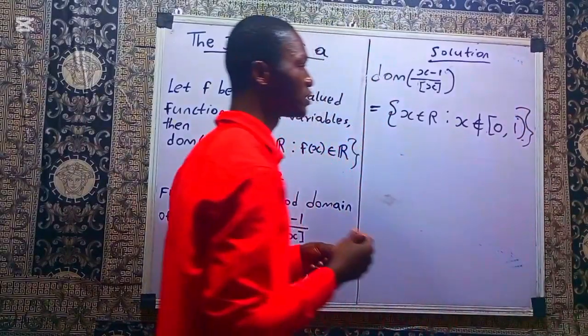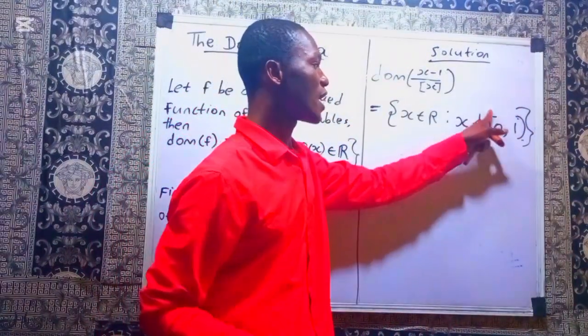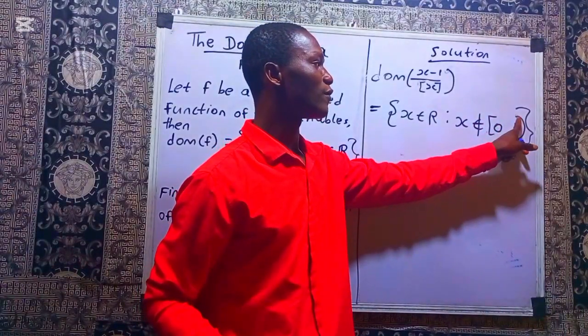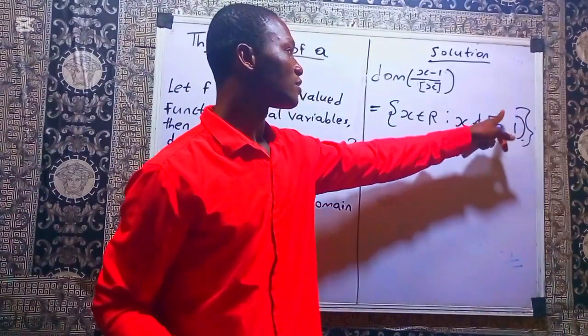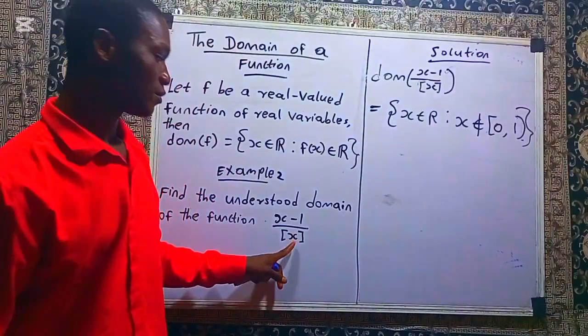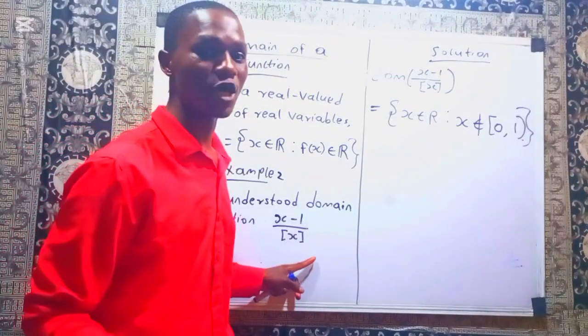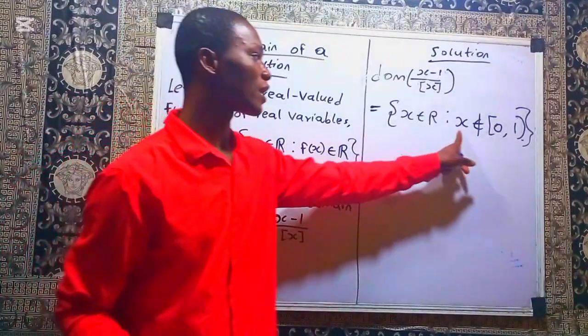So you can see how I wrote it. I used square brackets for 0 and I used open brackets for 1, because 1 is not inclusive. We are considering those that will make the denominator 0. That's the one we are removing.